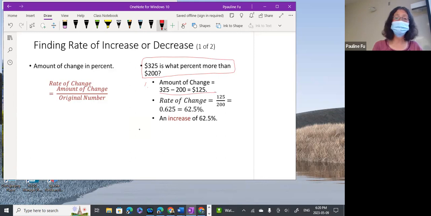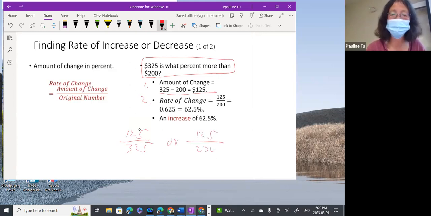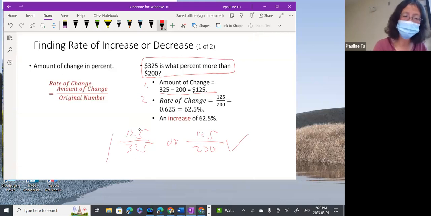And after that, in step two, some students get confused. Once you get this 125, do you use 125 divided by 325, or 125 divided by 200? That is a question many students have. You divide by 200, you don't divide by 325.